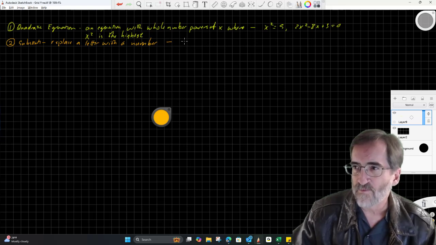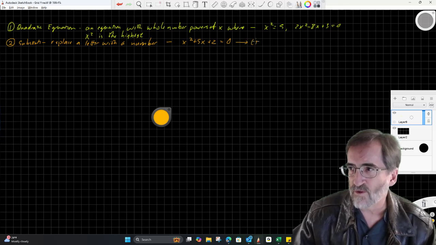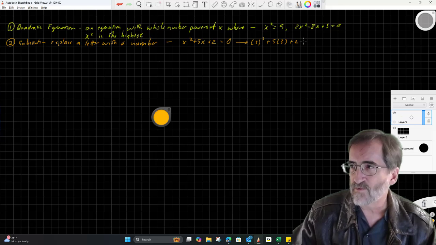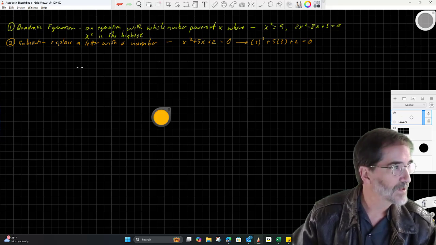So example, x squared plus 5x plus 2 equals 0. Replace x with 3, would look like 3 squared plus 5 times 3 plus 2 equals 0. Replace the variable with a number.